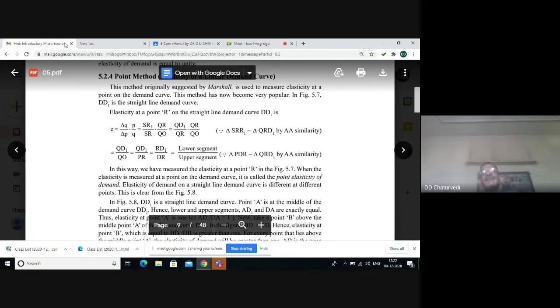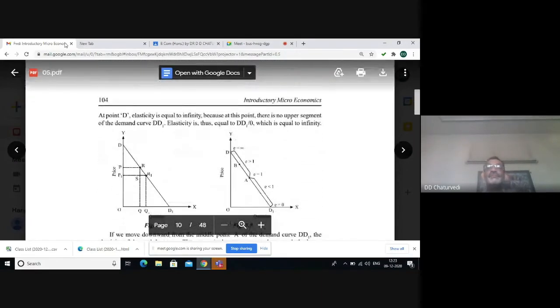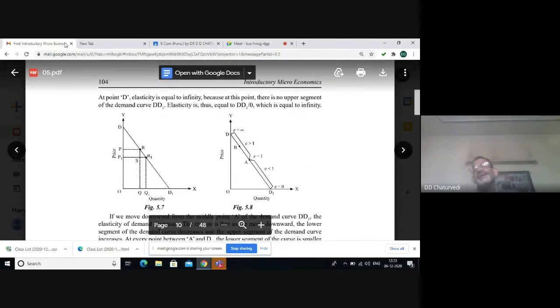But as far as the other part is concerned, price quantity ratio, this price quantity ratio is different at different points. So if you look at this figure again, 5.8, we will find that the price quantity ratio at point D is infinity because quantity is 0.